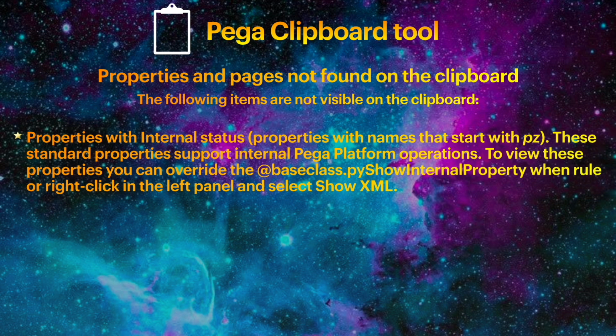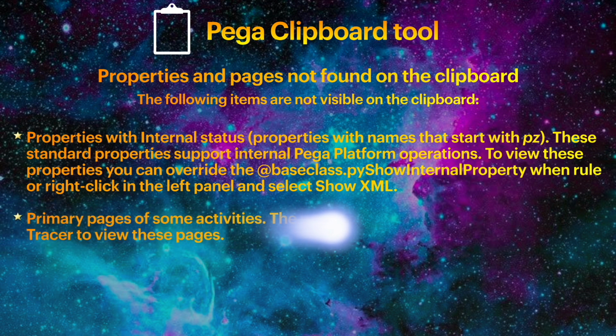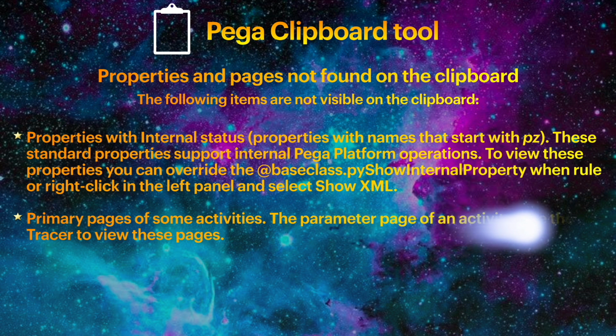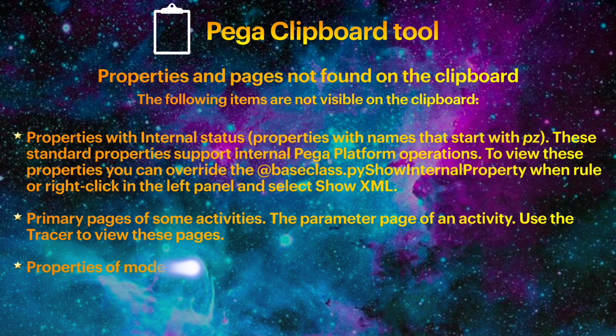To view these properties, you can override the @baseclass Show Internal Property When rule or right-click in the left panel and select Show XML. Primary pages of some activities. The parameter page of an activity. Use the tracer to view these pages. Properties of mode Java Object, Java Object Group, and Java Object List.